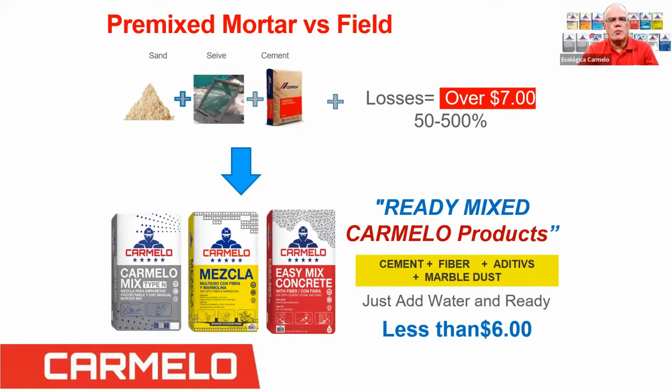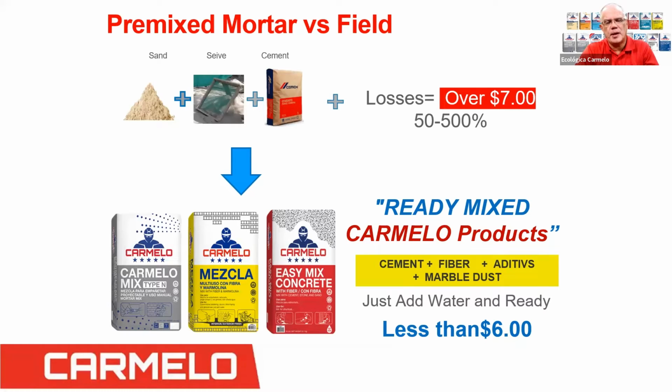So if we compare what's done in the field to Carmelo pre-bagged materials, instead of using sand, sieving the sand, and using cement separately, you then have in that field up to 5 times of waste out there, and so your bag is going to cost over $7.